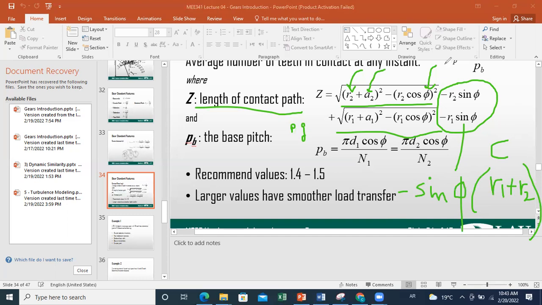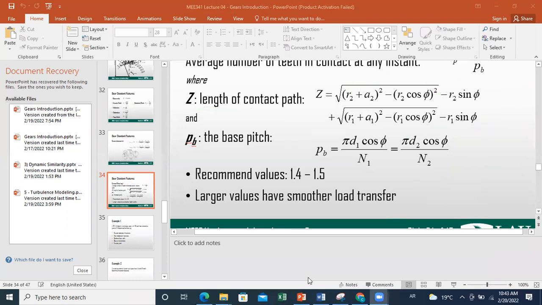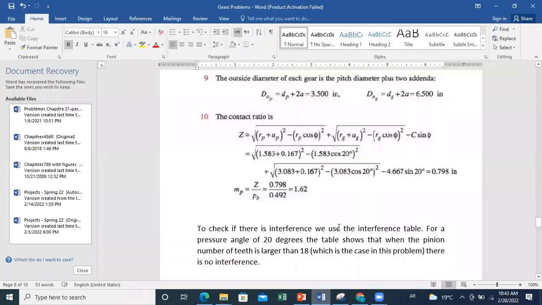Okay, so if we go back to our problem, we just have to replace numerically, for the pinion and for the gear, the values of the pitch radius and the values of A. The pressure angle, of course, is the same for both. C is already calculated, so you can get the value of Z. We also already calculated the base pitch.